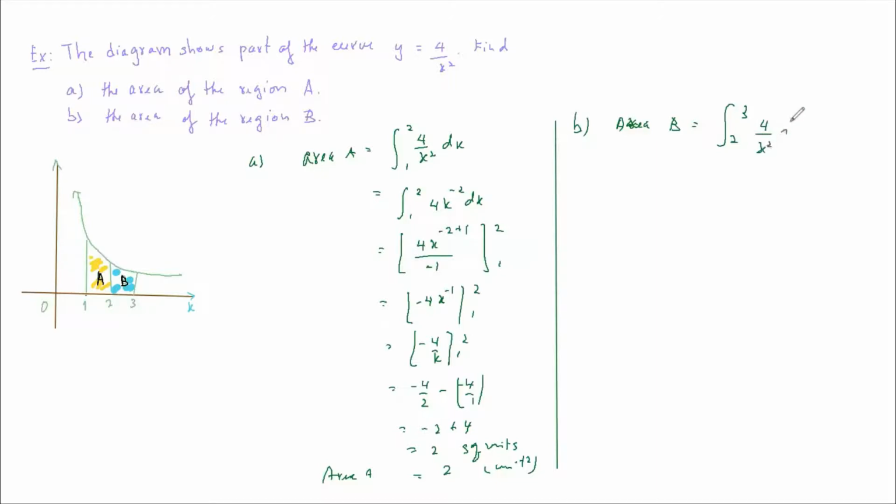So you just do the same steps as you did here, but from 2 to 3. I leave this one for you to do by yourself. We have many more questions to go, so I skip this one because they're a similar idea. So we go to the next one.